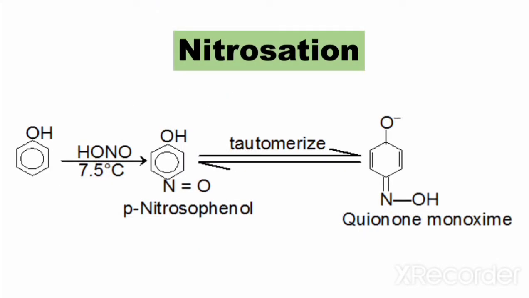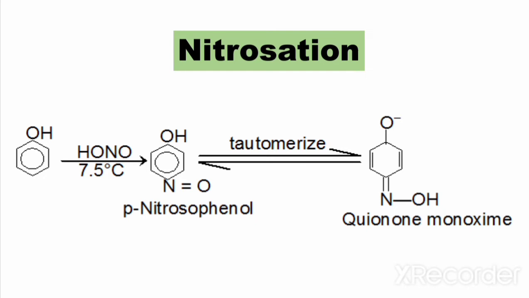In the nitrosation reaction, we take phenol and a nitroso group that attaches at the para position, and p-nitrosophenol forms. Why do we call it nitrosophenol?